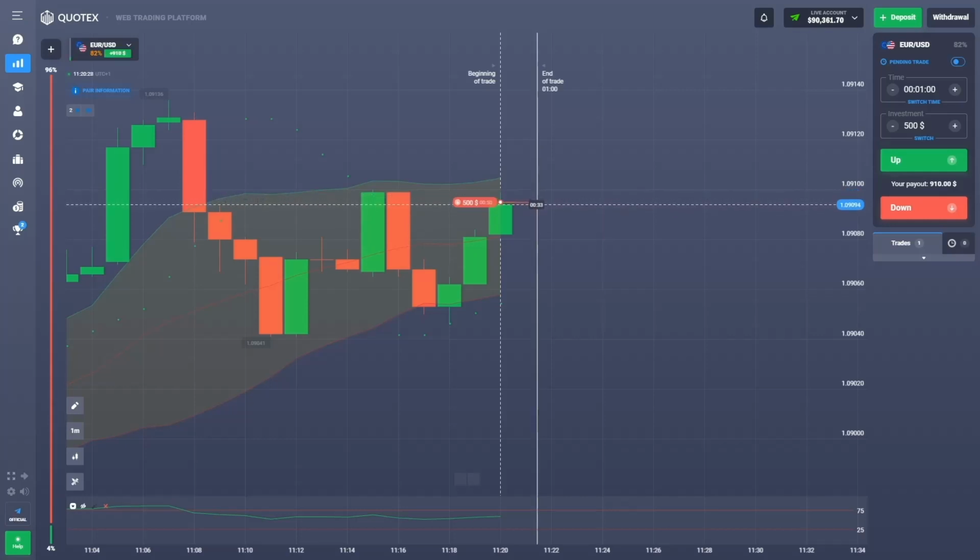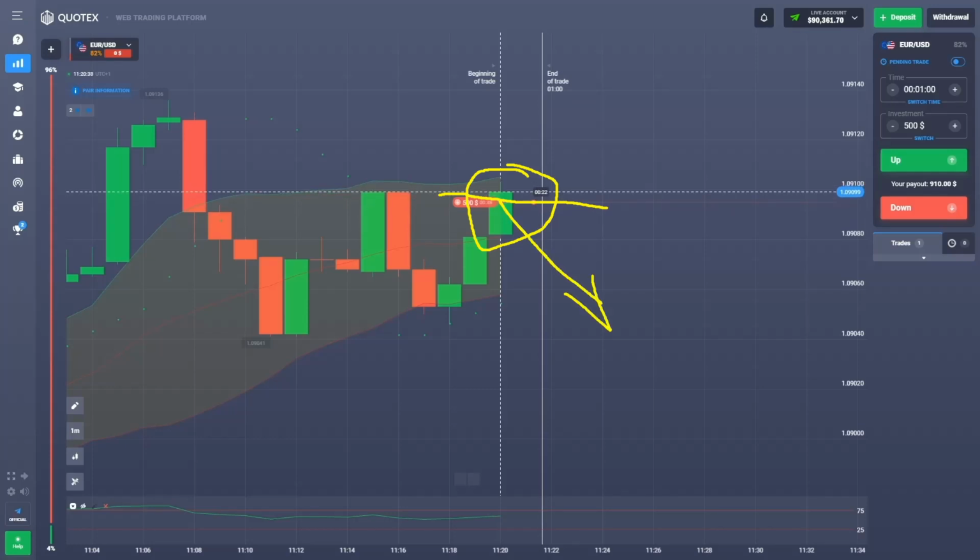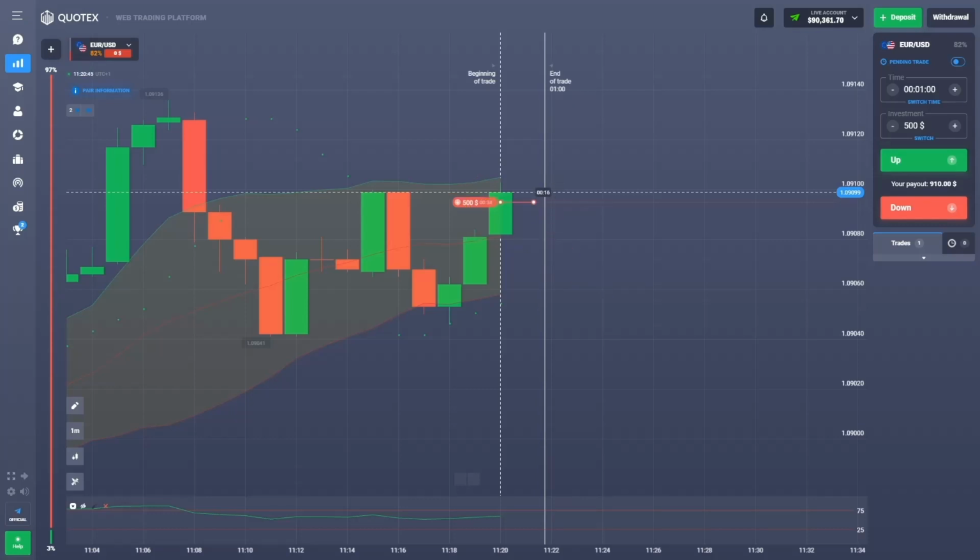Any platform that allows binary option trading. So this is the level that I believe it won't go over. It's going down, 100%. So the next candle is going down. Any platform that allows binary option trading, you can use the strategy on with no problem.